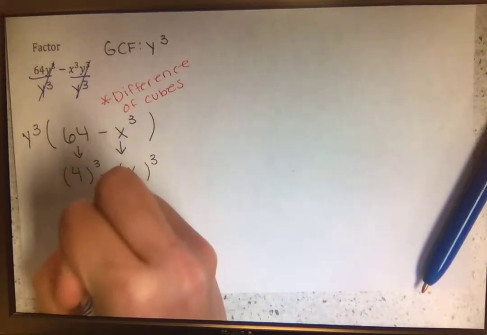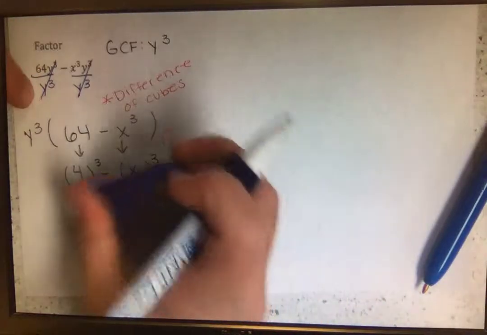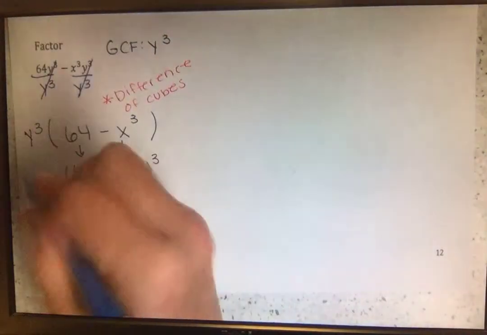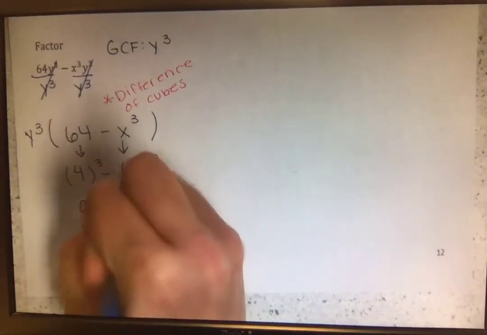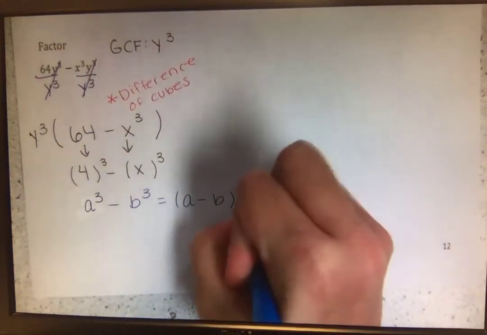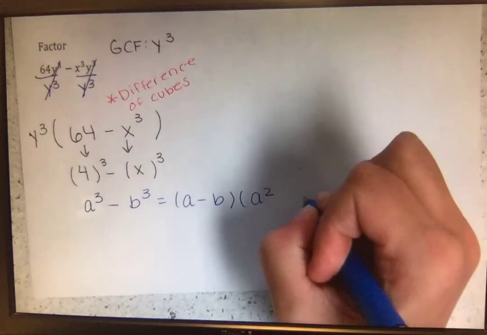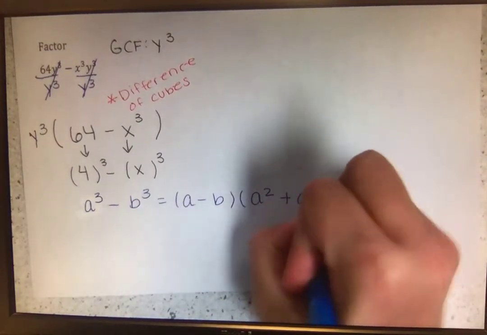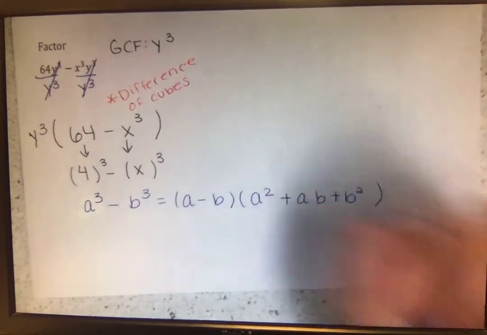So I know this is the a cubed minus b cubed formula. So just writing the formula down here so it's easier for me to transfer it. So a cubed minus b cubed is a minus b times a squared plus ab plus b squared.